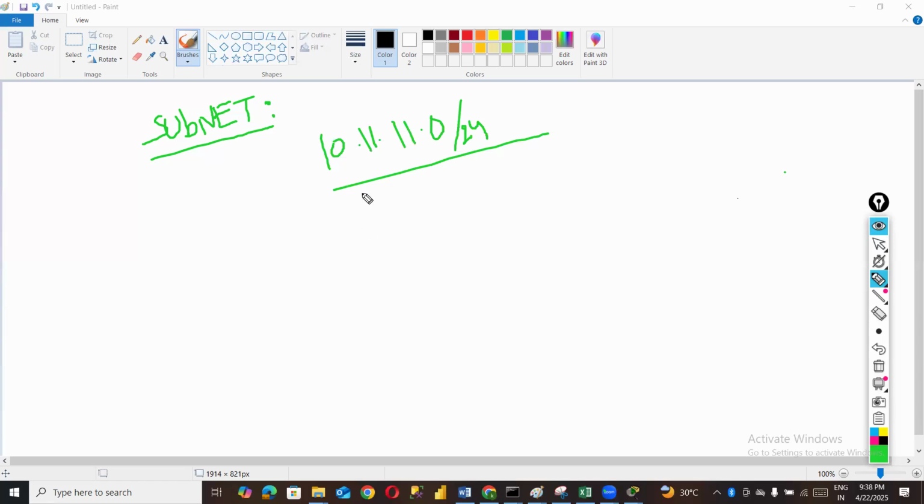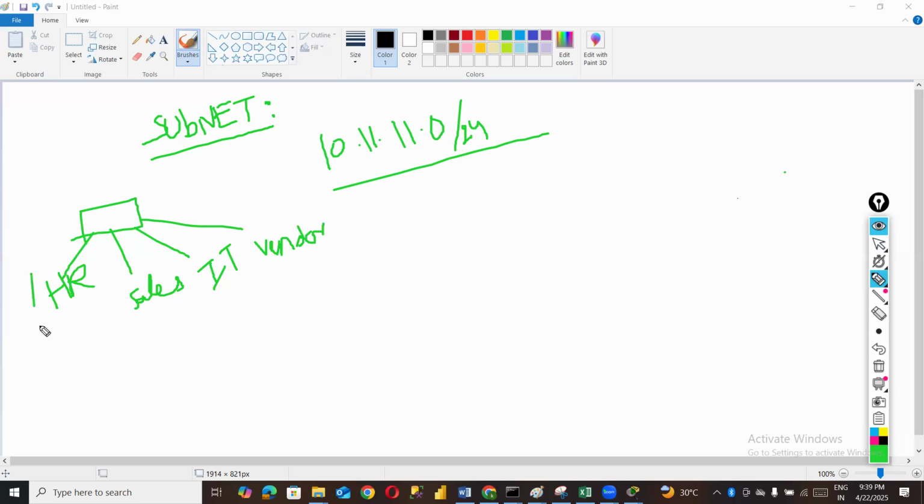Why do we have to divide this network? For example, in any organization we have multiple teams: an HR team, a sales team, an IT team, and vendors. We have multiple teams, or multiple clients, and we have to allocate IPs for each and every team.